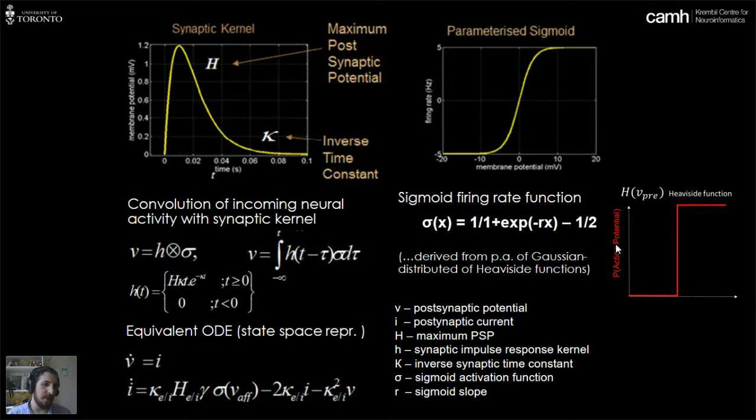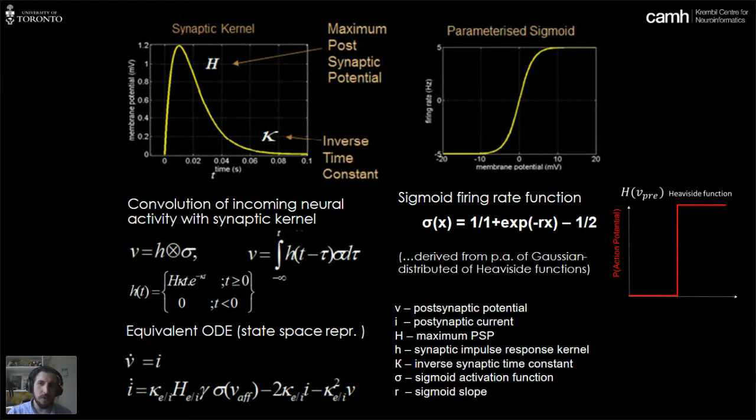The reason for that variation could be due to a number of things: different physiological properties of the cells, different wiring properties in terms of their inputs, or different current state in terms of what their incoming inputs are. But we just assume that there is variation, for any given cell, in the point at which it will fire given its membrane potential, and that variation is normally distributed around some average.